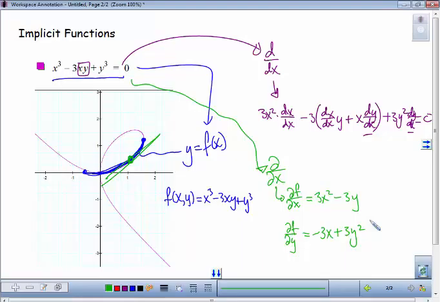Now, what I want you to do is take a look at the old implicit differentiation, the way we did this with the straight d with respect to x, and see if you can match the different components that we have there. Can you see it? No? Yeah? Let's see. Let's do some matching up here.